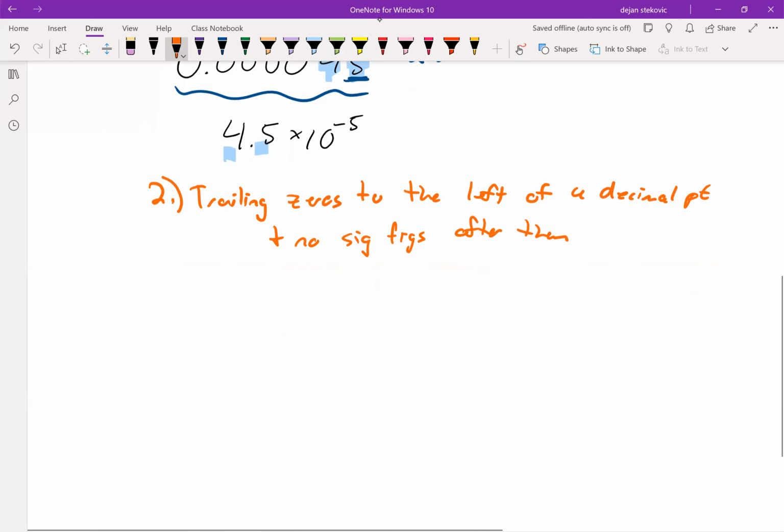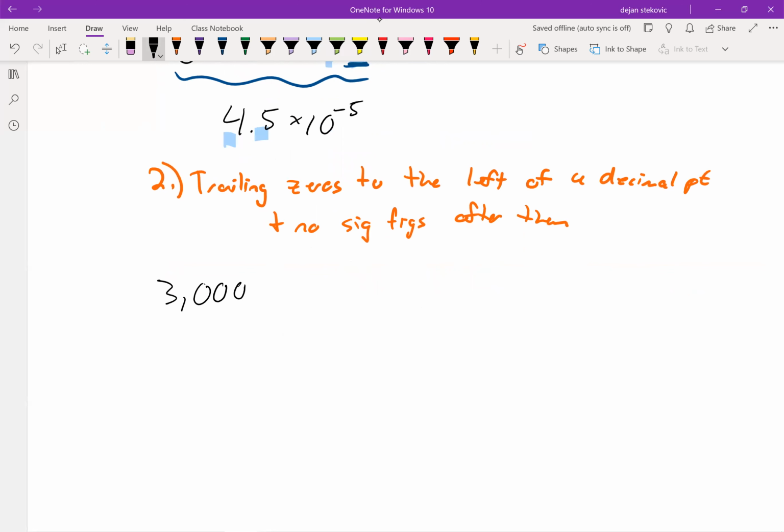So for example, this number 3,000,000. These are all trailing zeros. They're to the left of the decimal point because if you think about where the decimal point is, it's right there. Right, so they are not sig figs. In this case, this number only has 1 sig fig.